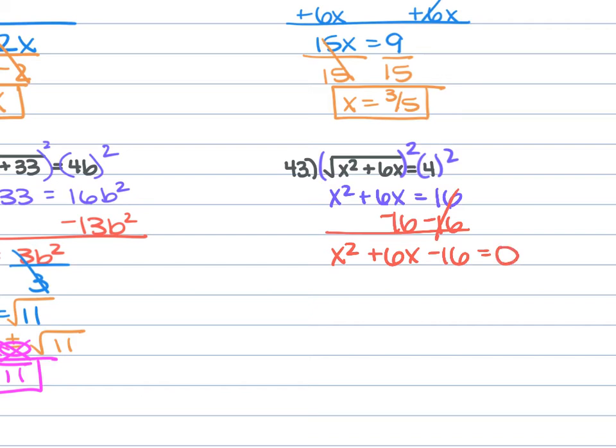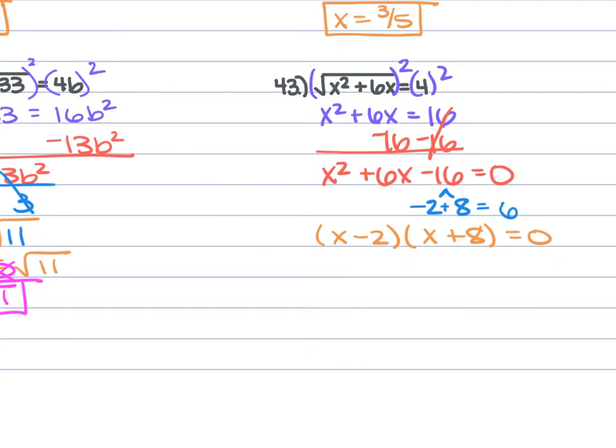We then factor this, and remember it's going to be x minus what? Okay, hold on 1 second. All right, so the factors of negative 16 that add up to be 6, we have 2 and 8. If the 8 is positive and the 2 is negative, that's going to be a positive 6. So this factors out to be x minus 2 times x plus 8 is equal to 0.